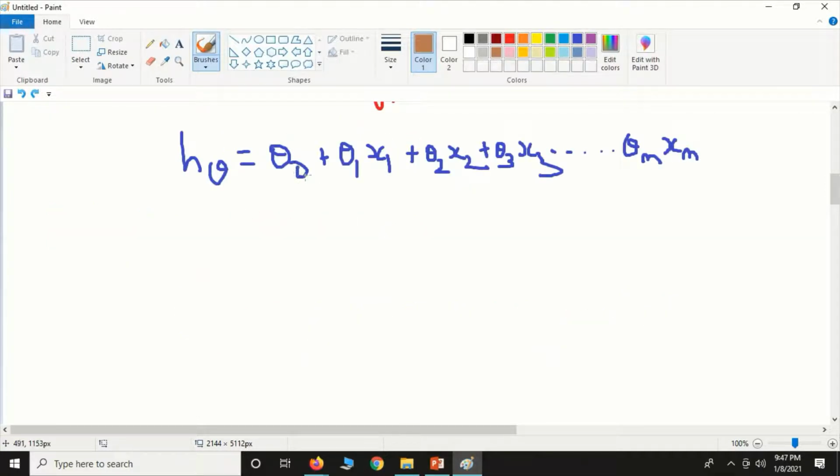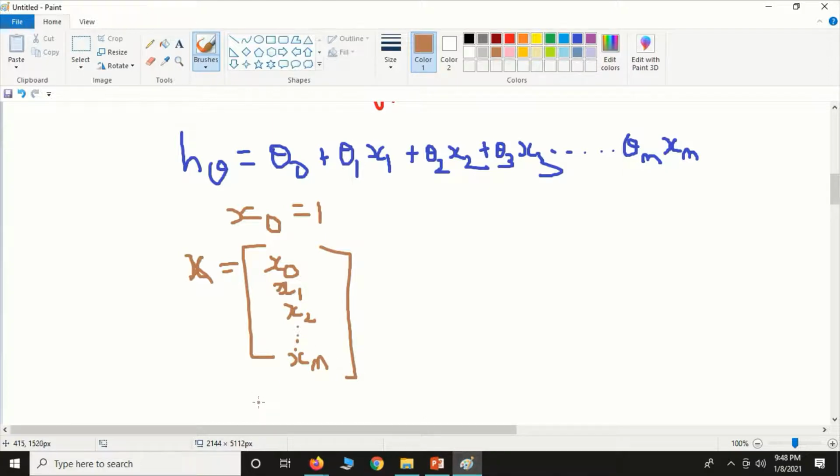Now theta 0, where is x0? X0 is always taken as 1, for convenience. Now we can develop the feature vector of x. The feature vector will be x0, x1, x2 till xn.